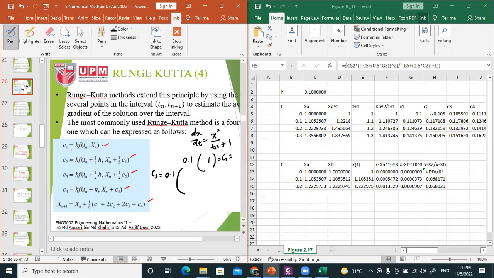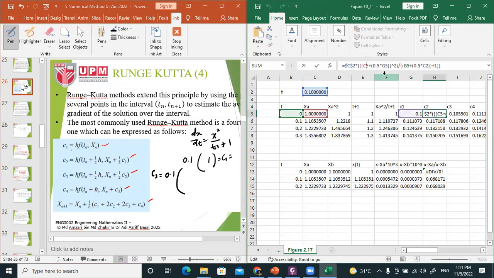If you can see in the Excel here, x plus 0.5 times C1. In this case, x is 1, xa is 1, plus half C1.